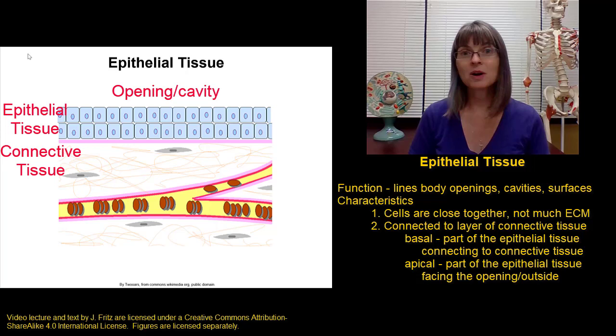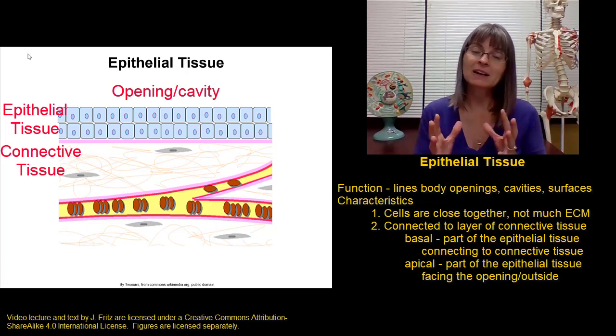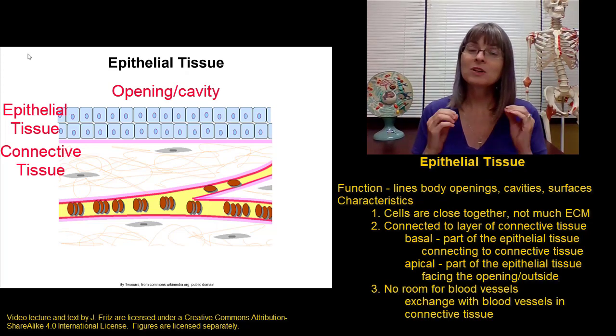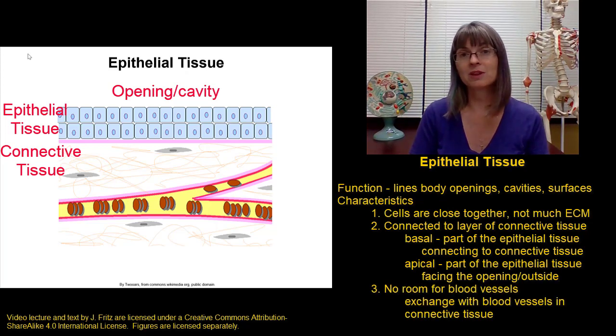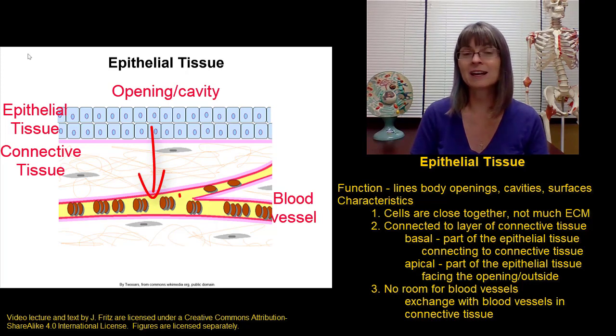The connective tissue under our epithelial tissue is very important to provide not only connection, but also support for the epithelial tissue. Epithelial tissue cells are packed so closely together that we don't have blood vessels running through the epithelium. That means that the epithelial cells have to be able to exchange materials with the blood vessels found in the underlying connective tissue.